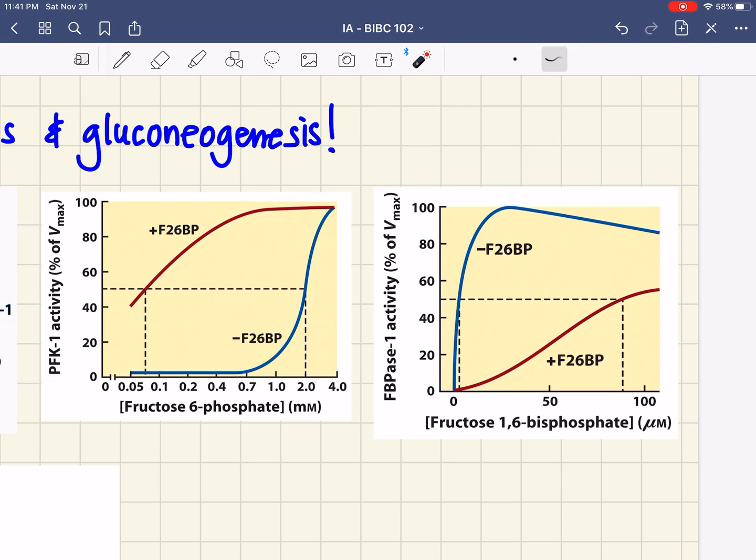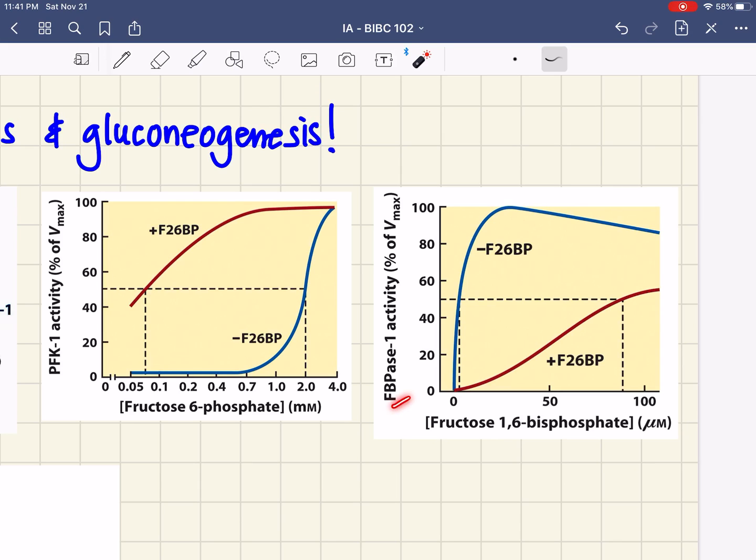And you see how when there is no fructose 2,6-bisphosphate, the activity of PFK1 is very bad, right? So it is not very active when there is no fructose 2,6-bisphosphate because there's nothing telling it to activate. But when we add fructose 2,6-bisphosphate, it activates PFK1. And see, the activity of PFK1 is activated.